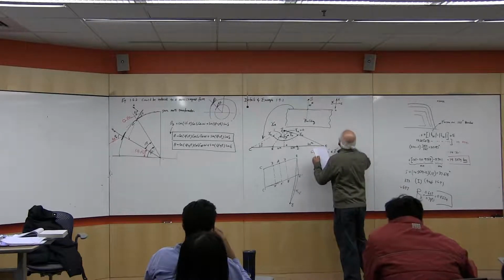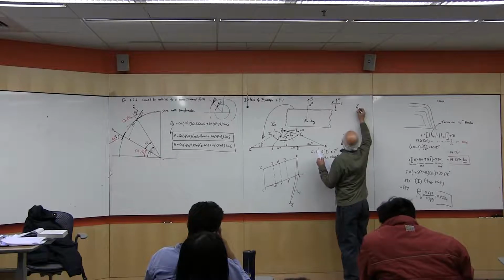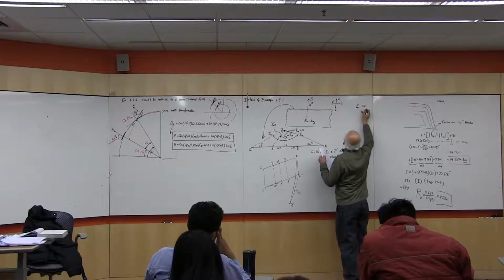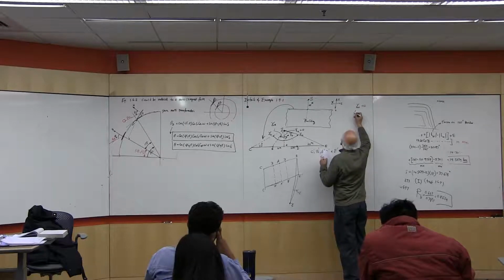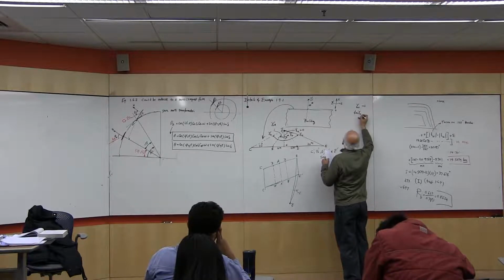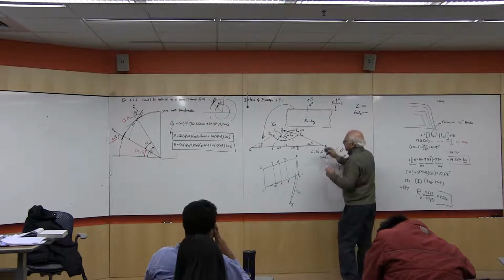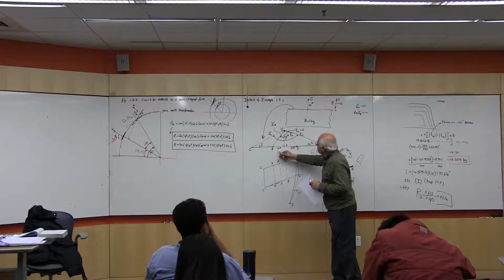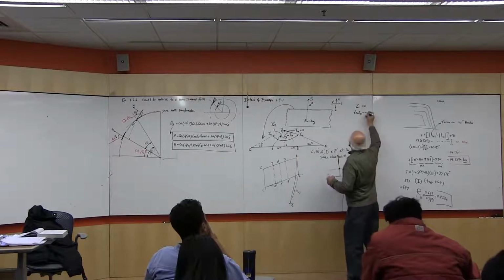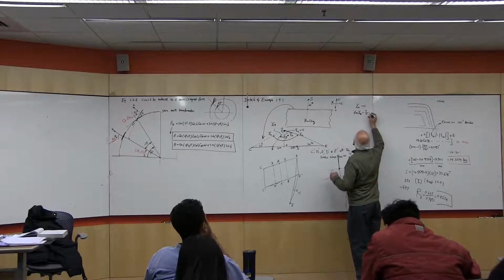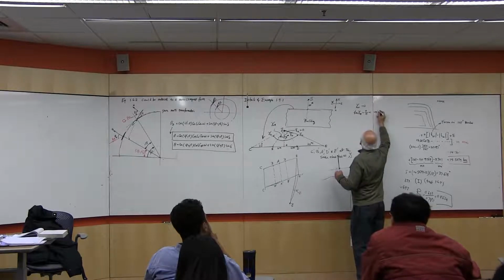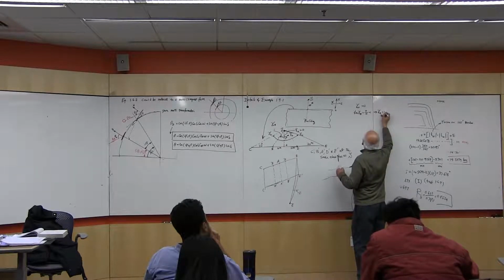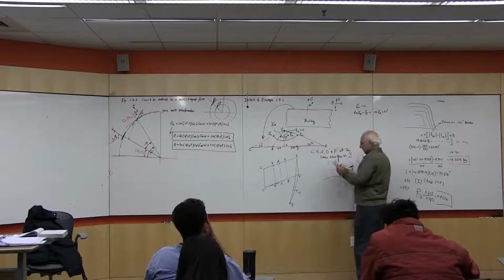The gammas are easier. Gamma OA is 0. Tan of gamma OB, tangent is 10 over 10 meters, which is 1. Gamma OB is 45 degrees.